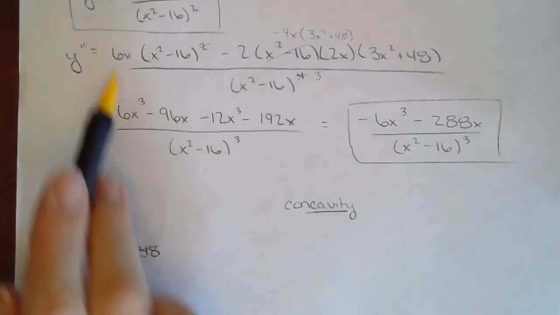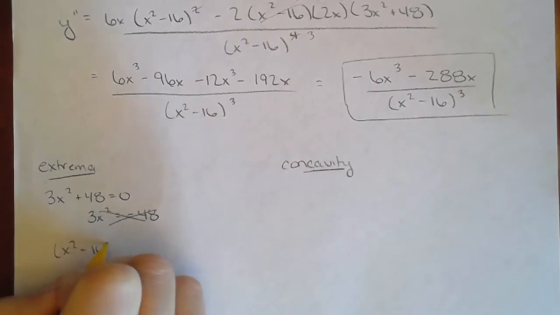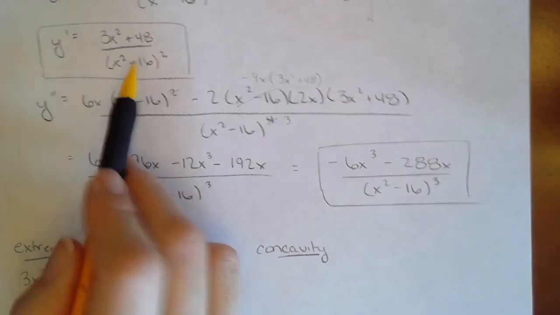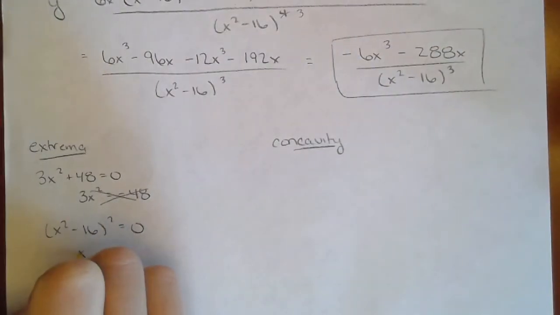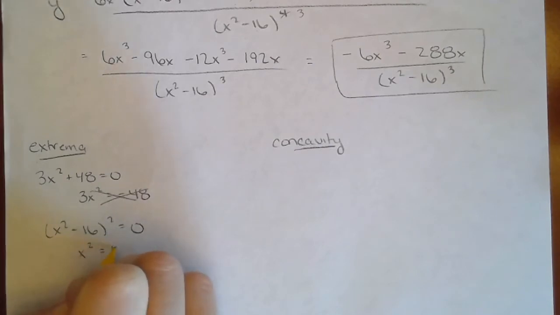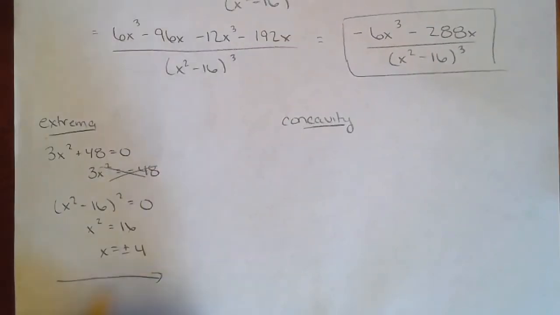So now we're going to take the denominator of the first derivative, and we're going to set that equal to 0 because that is what makes the first derivative undefined, and those are also our critical numbers. So you can square root both sides, then move the 16 over, and we see that we get plus or minus 4.